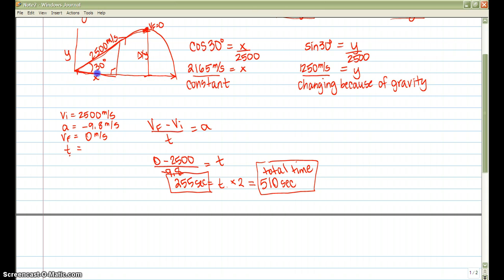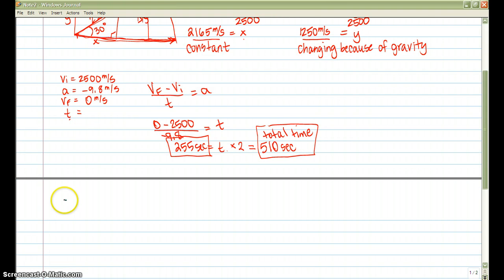So we need to use a velocity that is only going in this direction. We're going to use our x velocity we calculated here. Knowing that it's constant, we have equations where our velocity is constant to help us solve for the range.